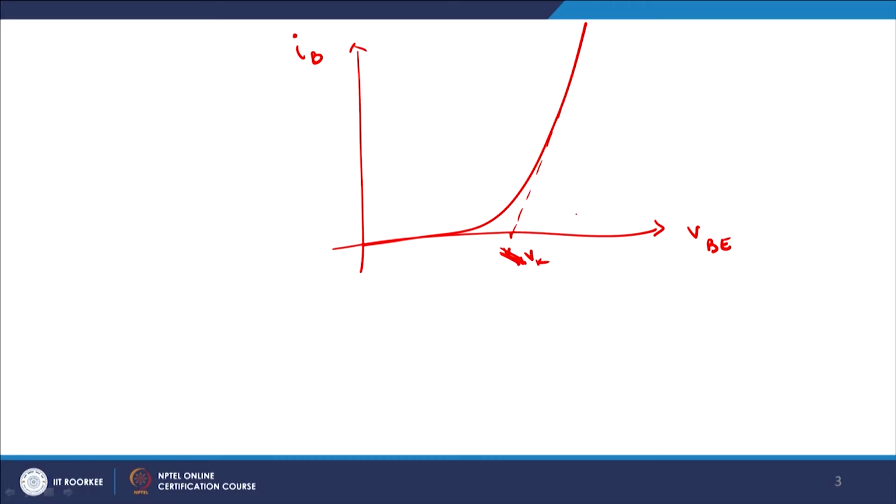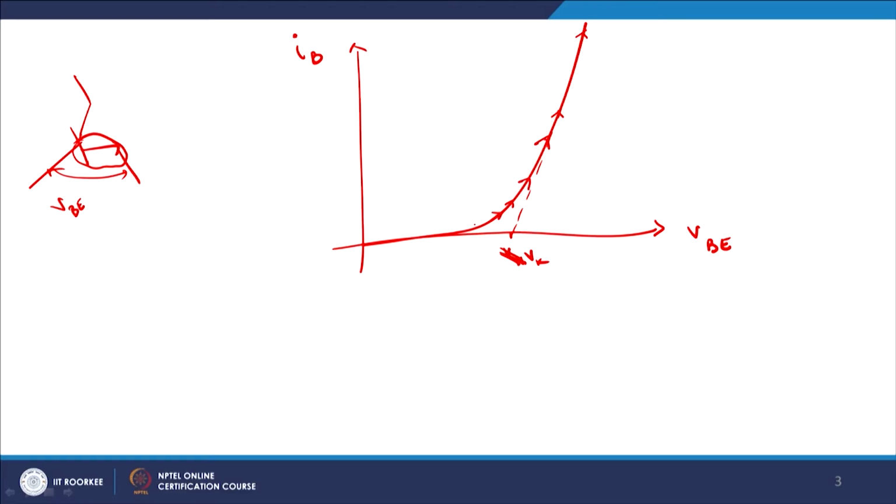So, for IB, in the common emitter configuration, this is the value of VBE, and when this VBE crosses 0.7, this switches on the p-n junction, and as a result the current starts to rise.